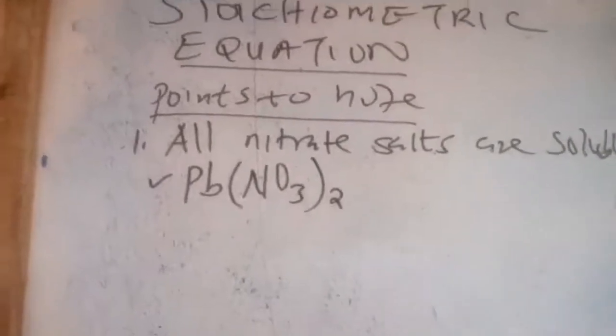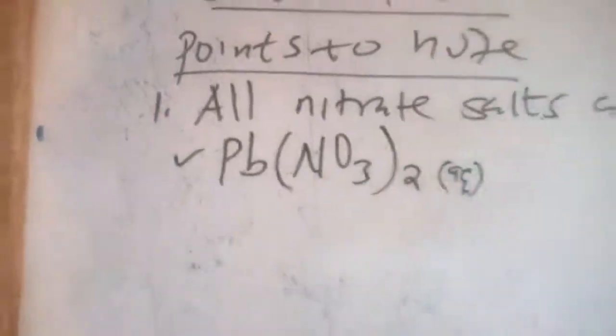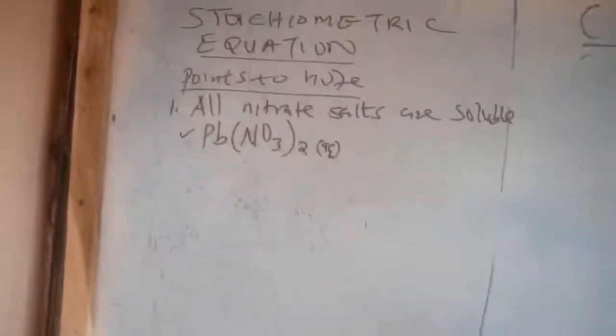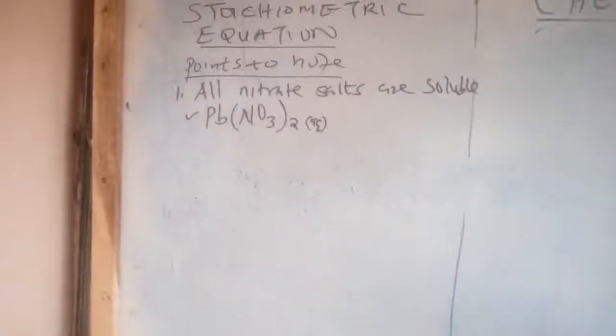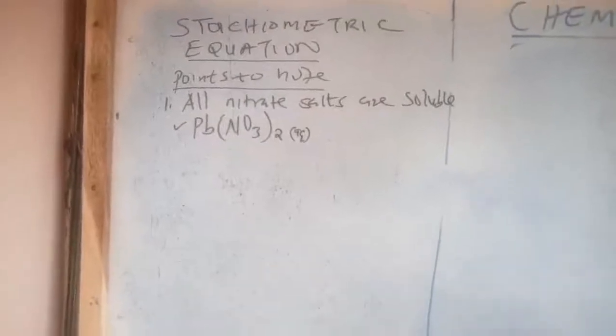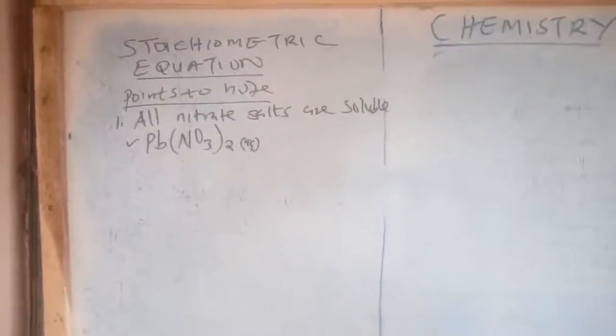And therefore, I can use the symbol AQ, meaning that it can dissolve in water. It makes a solution. Once it is put into water, it will form a solution. So AQ stands for aqueous, meaning that it is capable of dissolving in water to form a solution.